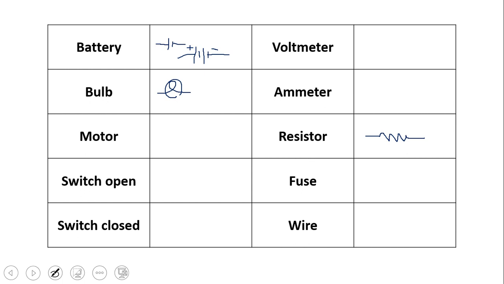That's your bulb. And notice that you got the wires on the left and right coming out of it. We'll also see some drawings where a bulb looks like a big X. A motor, we just draw an M, put a circle around it, and draw our wires that are coming out of it.